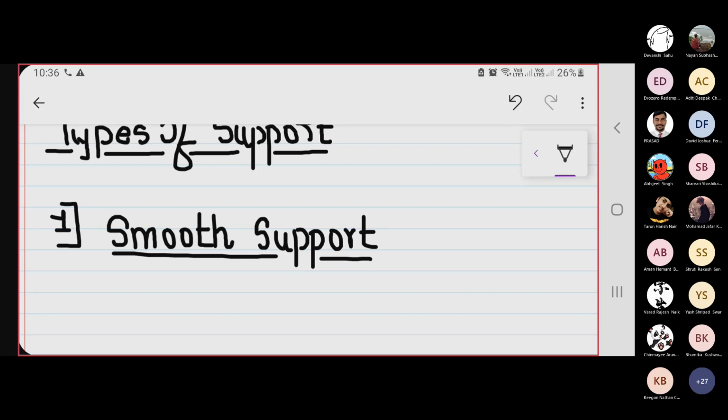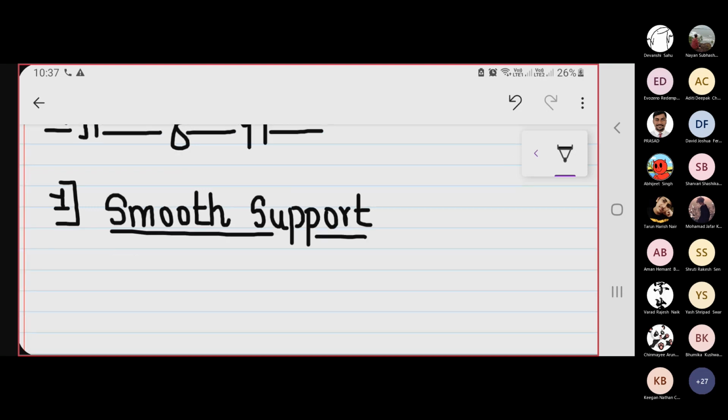Smooth support means what? The supported body is not rough, it is well finished, so it is not applying any friction. When we study friction, you will understand what is meant by smooth support.